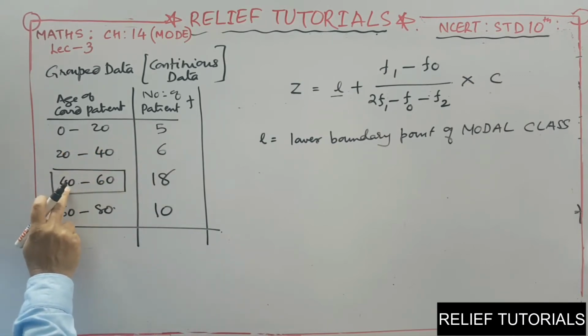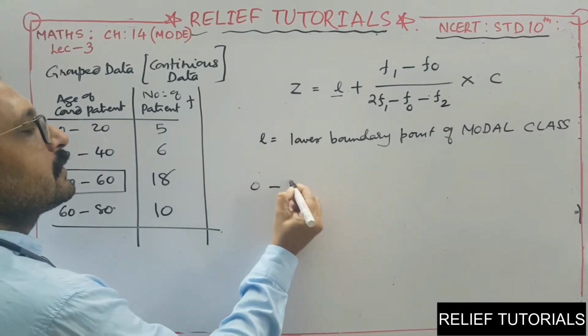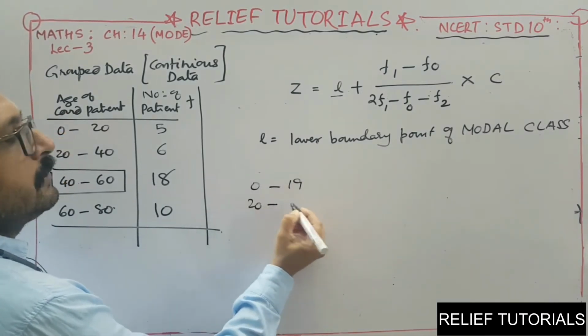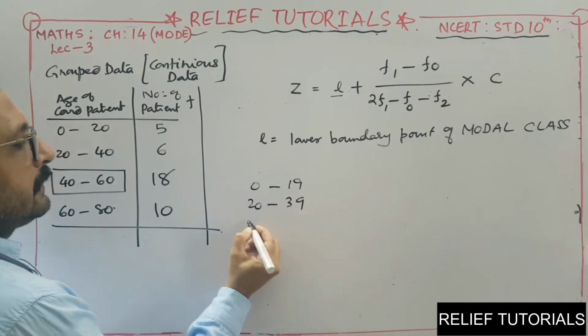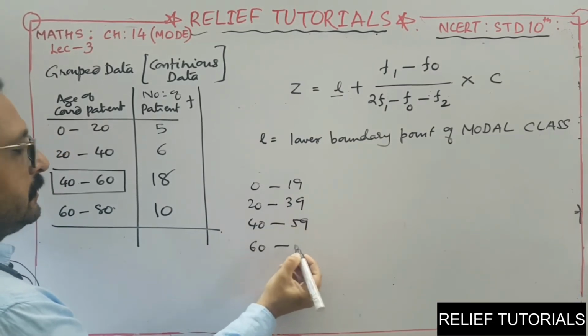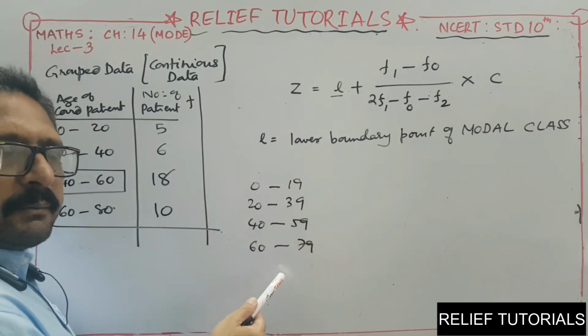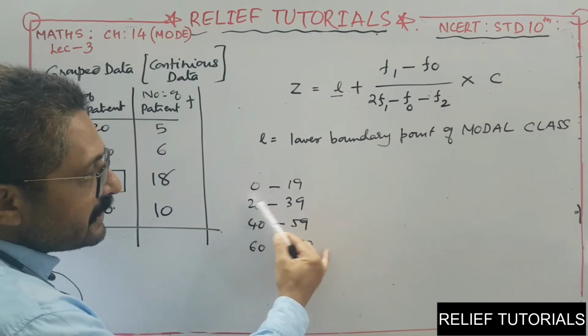So here the lower boundary point of this class is 40. And if it is not a continuous class, for example if you have 0 to 19, 20 to 39, 40 to 59, 60 to 79, this is group data, but it is not a continuous class, it is a discontinuous class.